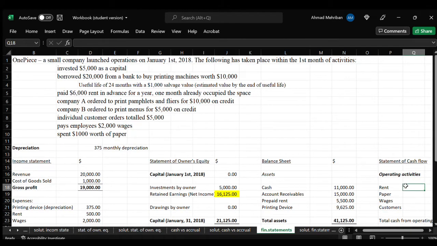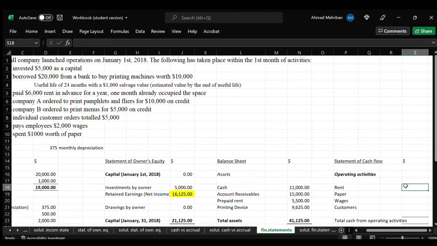We know that $6,000, so I'll put minus because it was a deduction, it was an outflow from the business, was used on rent. There is no necessity to think about 1 month passing by, 11 months staying ahead of us. We're literally just looking at how much cash we paid, how much we received, and that's it.